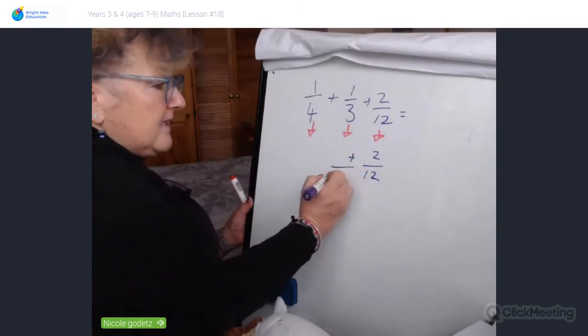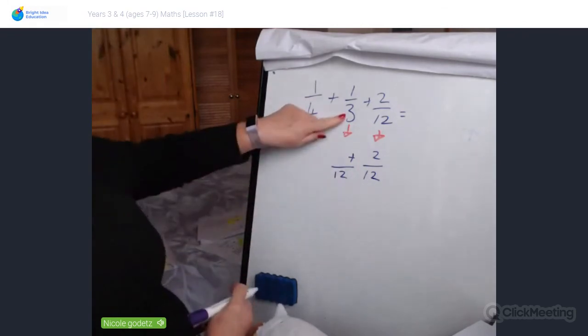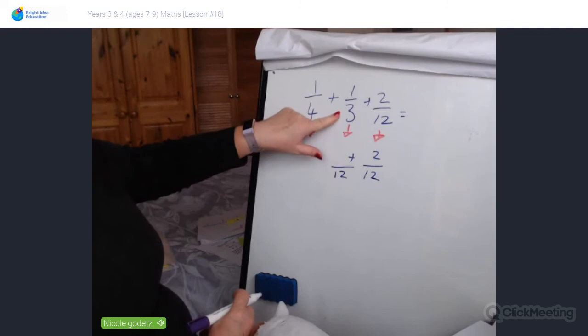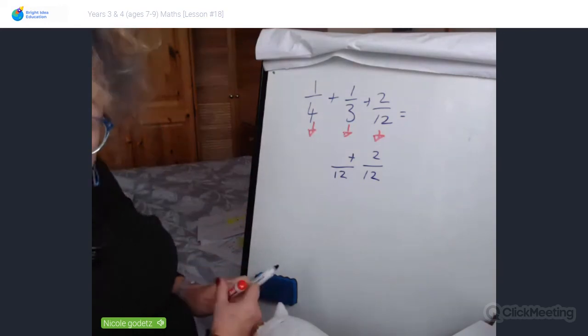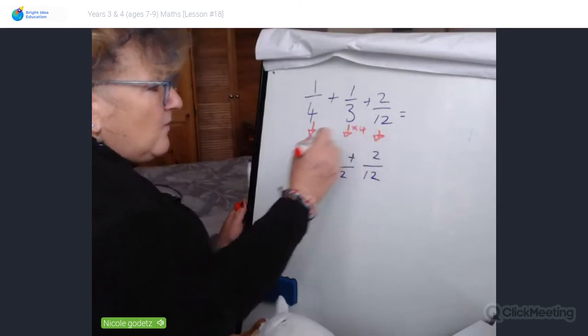Now, if I'm going to put this 1/3 as 12ths, what did I do to the denominator to make it 12? What did I do to 3 to make it 12? What do I have to do to 3 to make it 12? I had to multiply by 4.